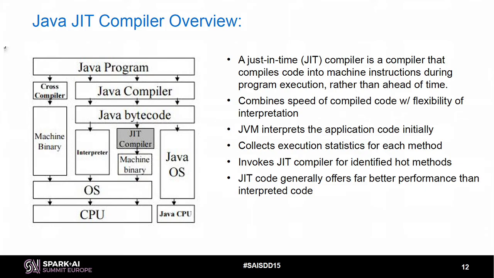So, applications with the client compiler will perform better initially, whereas long running applications benefit from the server compiler, as it can compile the code better since it has more execution statistics.